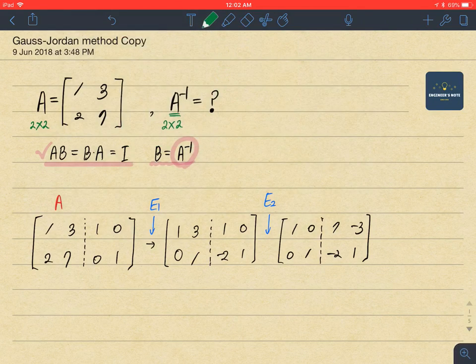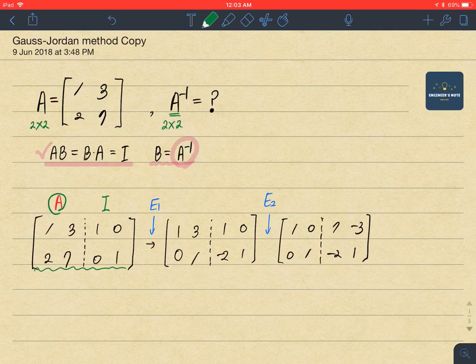And alright, next, how to get the inverse matrix. The only thing you need is an augmented matrix using A itself and the identity matrix here. And what you're going to do is Gaussian elimination.